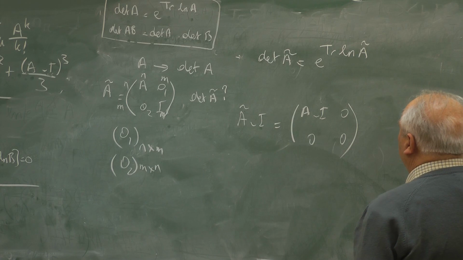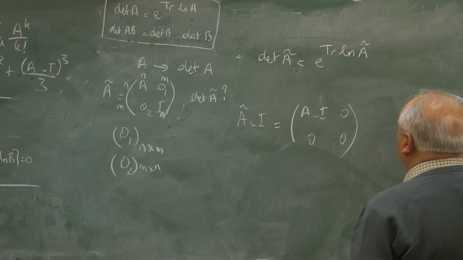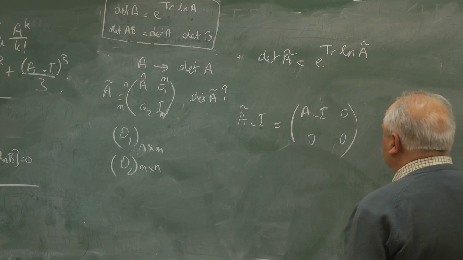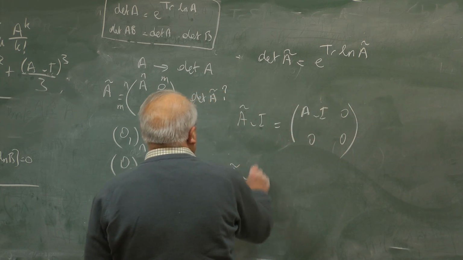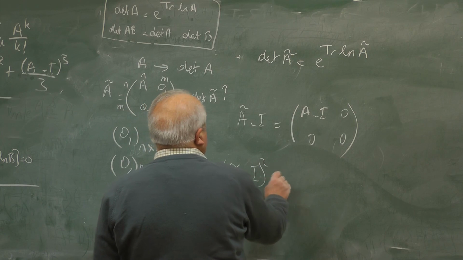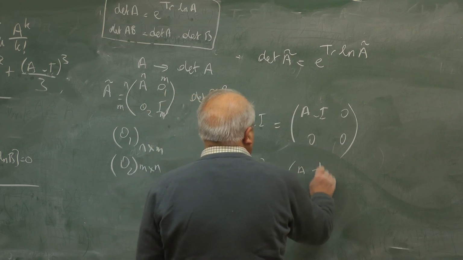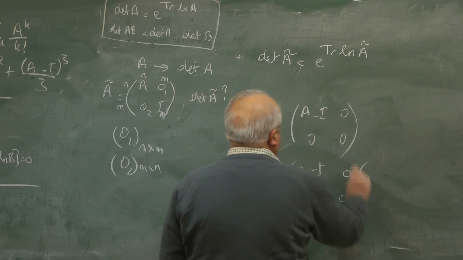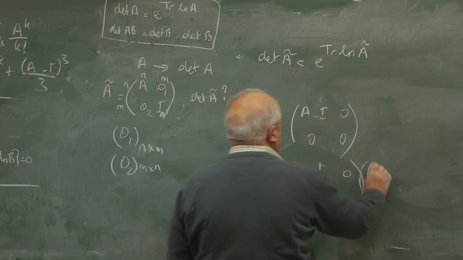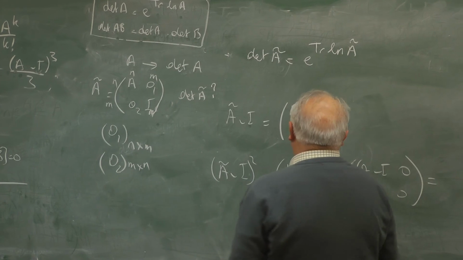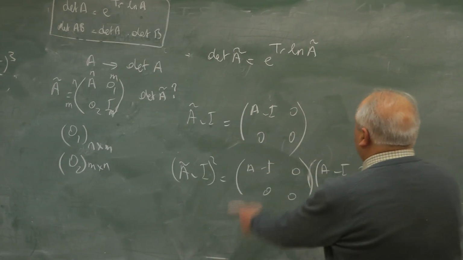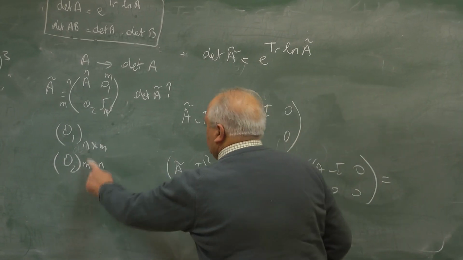So you will have powers of it. Let's take the second power, A minus I square. You see, you can easily multiply because they match.